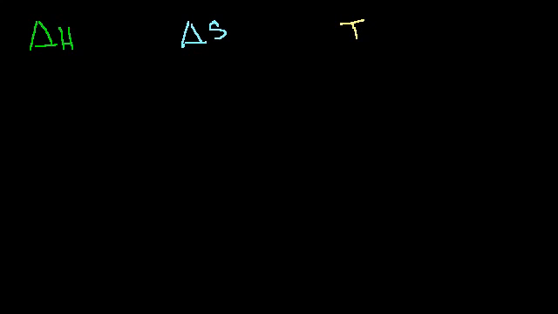So let's think of the first case. Let's think of the situation where our delta H is less than 0, and our delta S is greater than 0. My gut already tells me that this is going to happen. This is a situation where we're going to be more entropic after the reaction. One way of looking at entropy, we could have more states.